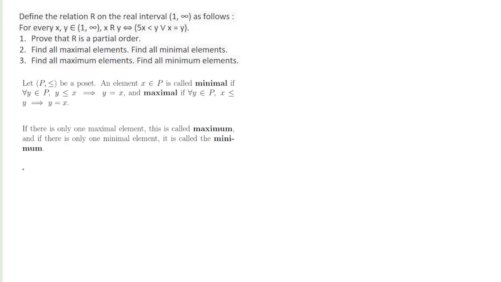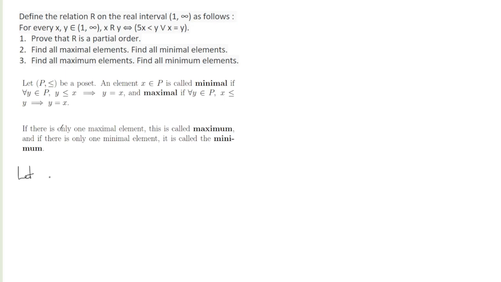Okay, so to find the maximal elements, let's do it. So we're going to start by saying, let's let this thing be maximal. Now here it's all written with a less than or equal to. We need to write this with the R because R is what our relation is in this situation, right?